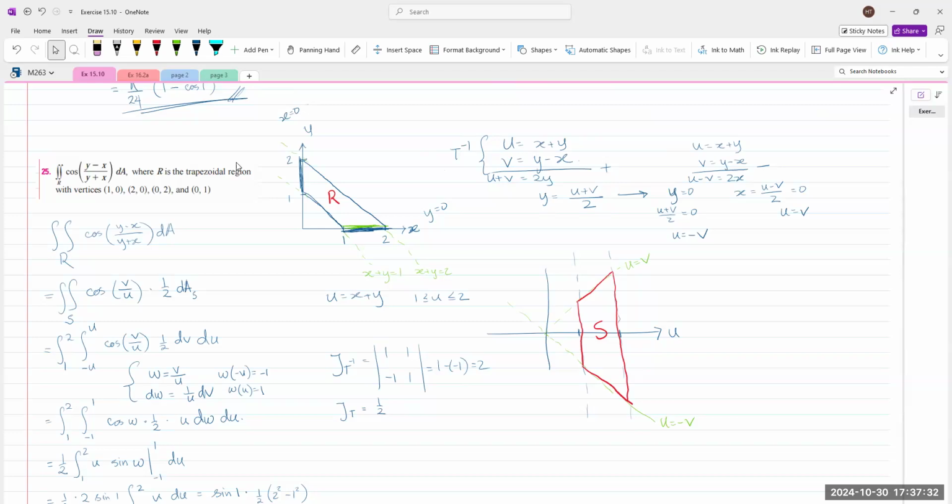With this, you want to make sure that when you substitute all the ingredients of these integrals here, you don't miss anything. And yes, you need to sketch the graph, the original domain, in this case R, and the one after you do the transformation.